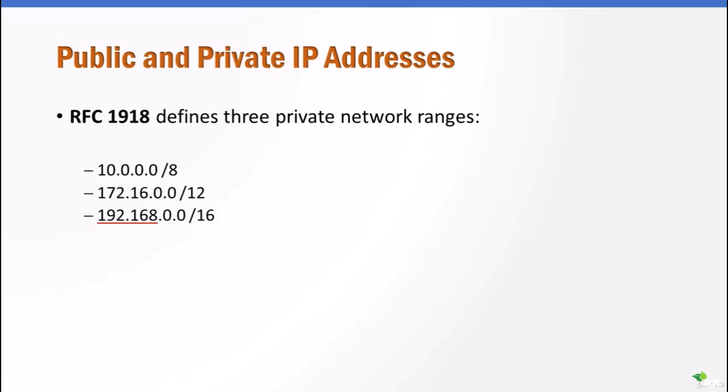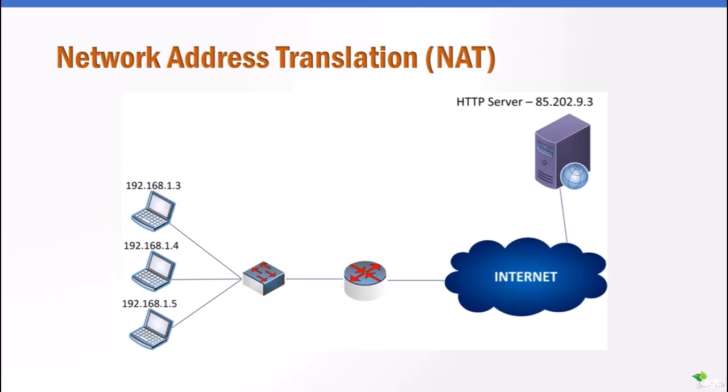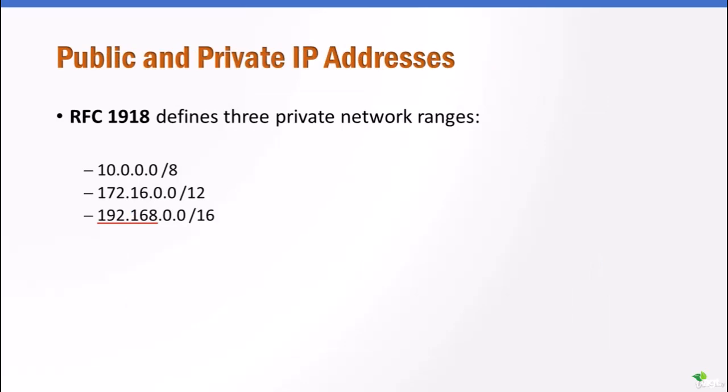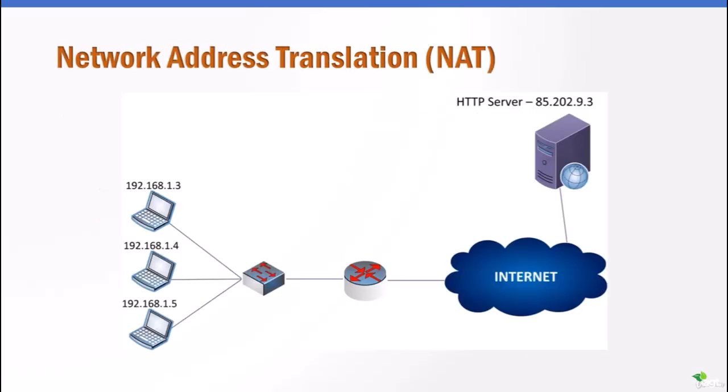How is this achieved? Well, by using NAT. NAT is network address translation, and it helps us translate our private IP addresses into public IP addresses that are actually allowed on the internet. So the private IP addresses we talked about in the past couple of minutes, they're not even allowed on the internet. So we have to use the public IP addresses.